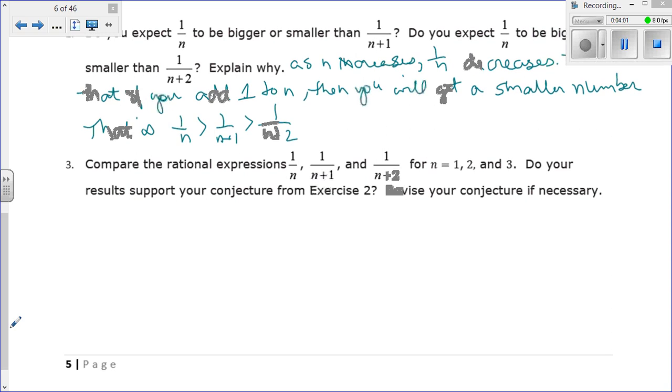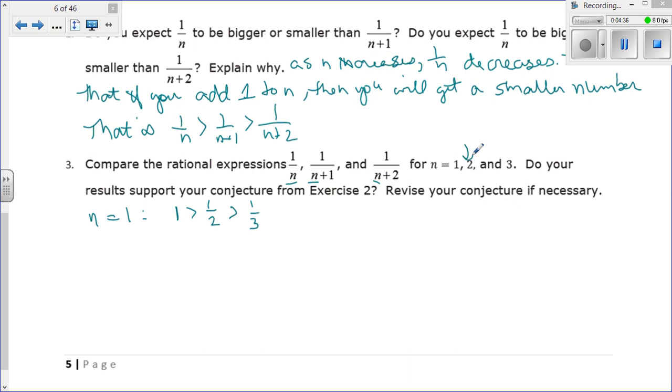Compare the rational expressions 1 over n, 1 over n plus 1, and 1 over n plus 2 for n equals 1, 2, and 3. Do your results support your conjecture from exercise 2? Revise your conjecture if necessary. Well, if n equals 1, then we would have 1, which is larger than 1 half, which is larger than 1 third. All I'm doing is substituting in 1 for n here.